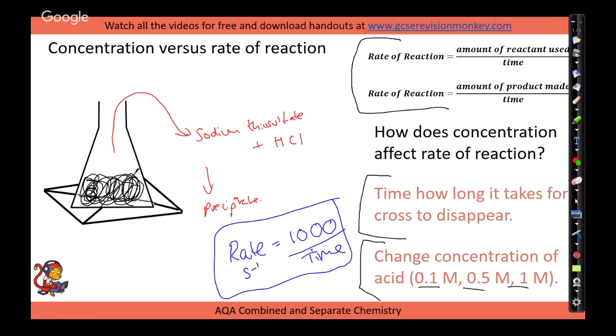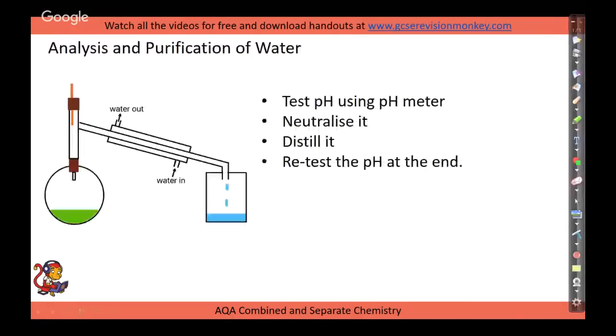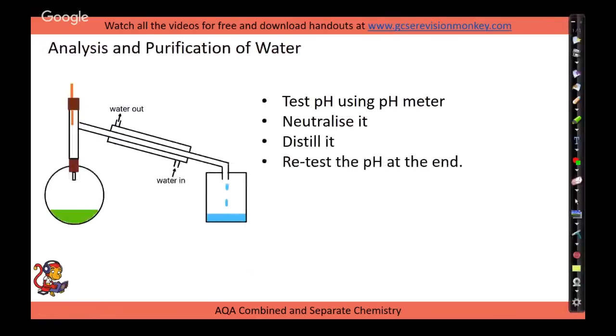The next required practical that you might be asked to look at, and the final one for combined science, is to do with analysis and purification of water. So this whole process that we're talking about here is distillation, where we can take something like salty water in here, or it could be an inky water, hence why I put the green in there to start with, but let's say it's salt water.